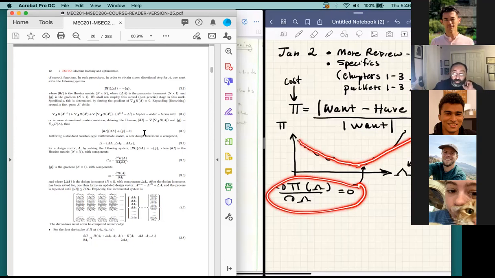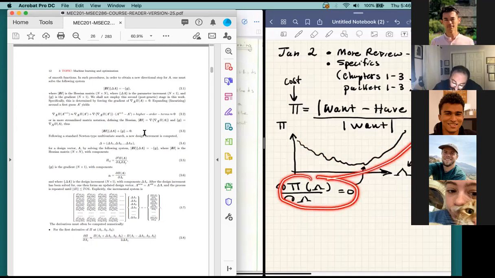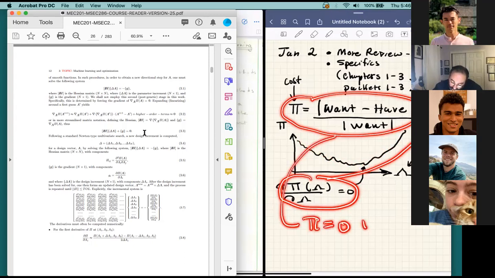Now, the problem is this does not imply that pi is equal to 0. Pi equal to 0 is a utopia, because that means I can find exactly the parameter sets that exactly give me what I desired. They may not necessarily occur.